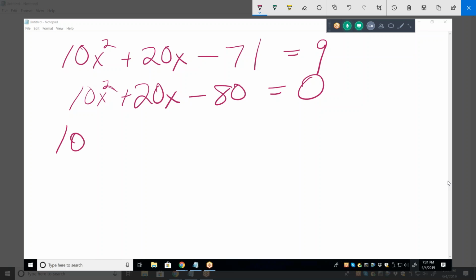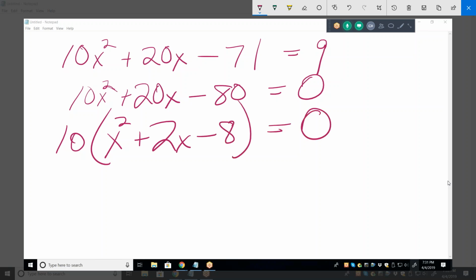That does a lot because it makes the inside real easy to work with. In other words, that is an elementary quadratic. We could factor it if we want. Now, it factors rather easily. It factors into x plus 4 times x minus 2.